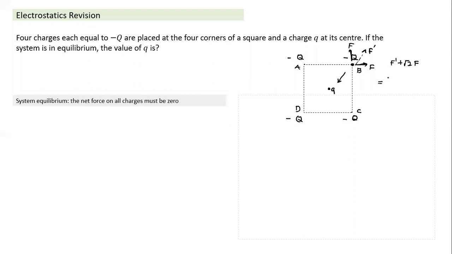And what is F dash here? K into the product of charges, K into minus Q times minus Q, divided by the square of the distance. If the side is A, the diagonal distance will be root 2 A, so the square is 2A square. The minus Q will get cancelled.